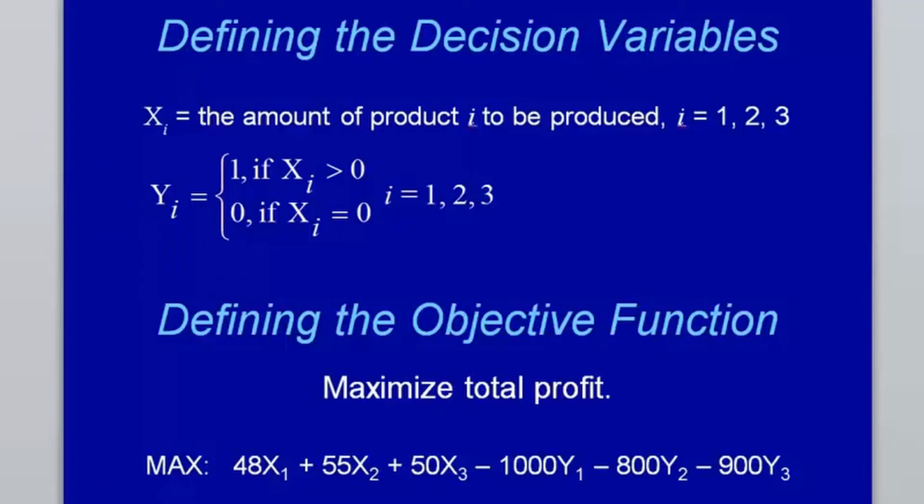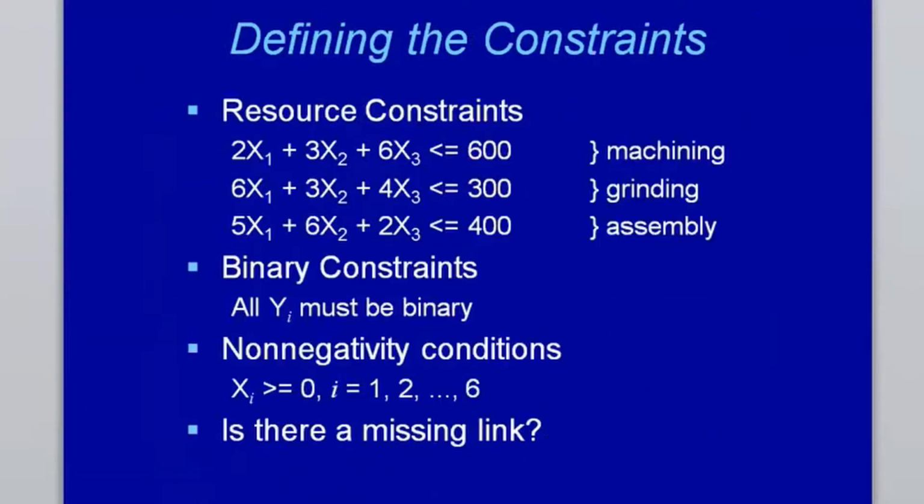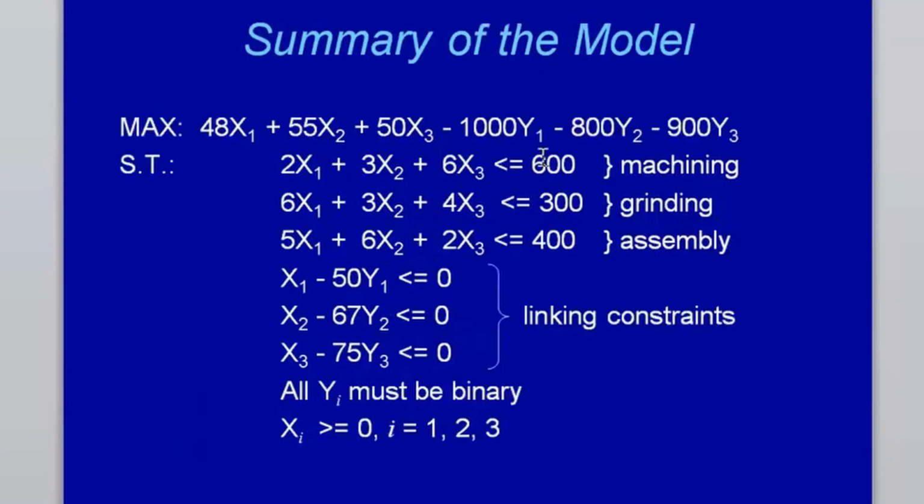So now we took care of the decision variables and objective function. Next we'll look at the constraints. First group of constraints, very easy. You can do it by yourself. It would be the resources needed for the 3 types of resources to produce 3 types of products, less than or equal to the available resources for each type.